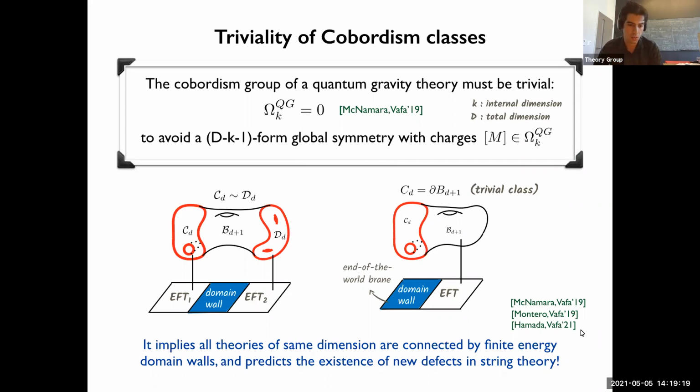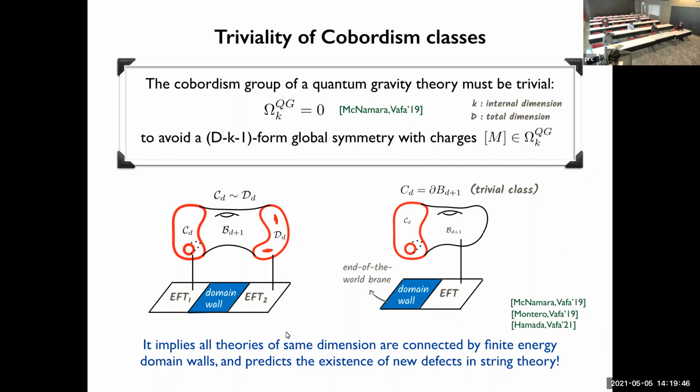Okay, I'll think about that. Yeah, that's the way this conjecture is understood. You need to have enough defects to guarantee this. Which would mean that, from the EFT perspective, any effective field theory can be connected to each other, because you always have some domain wall that allows you to interpolate between the different effective field theories.